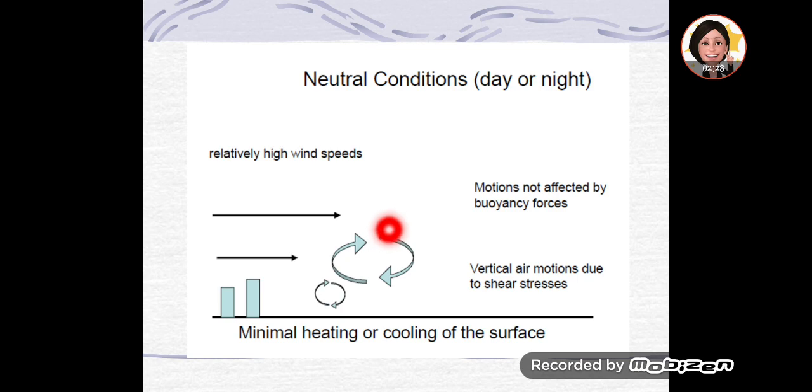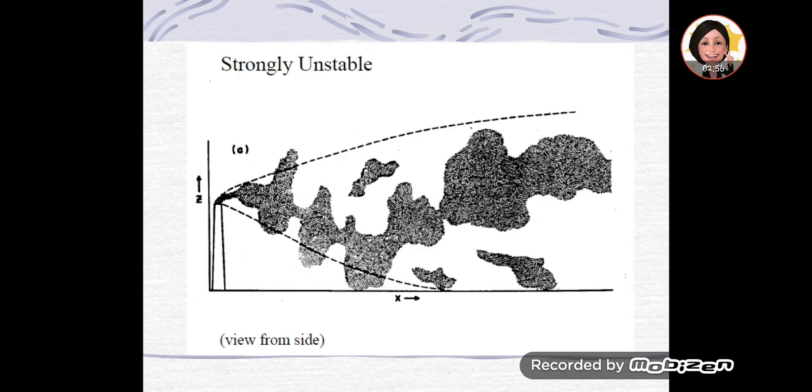There can be vertical motion, but other than that, there is no big effect where it grows vertically. The surface is also minimally heated or cooled, so there isn't much impact on the vertical motion. That is a neutral condition which can happen at day or night.